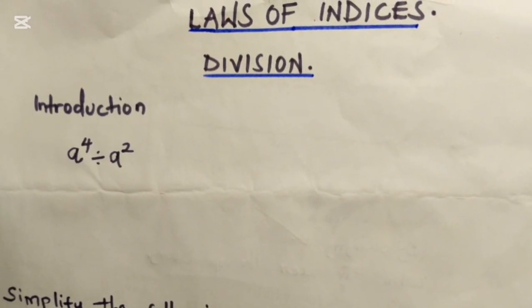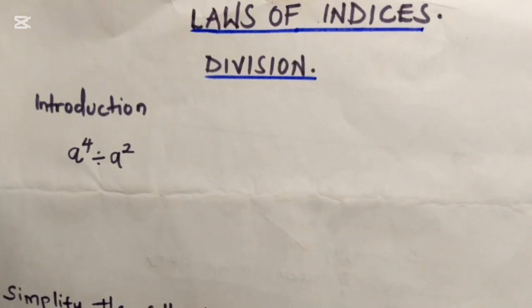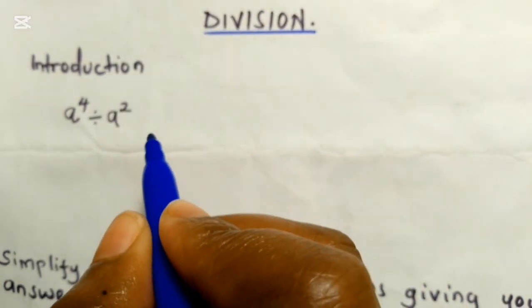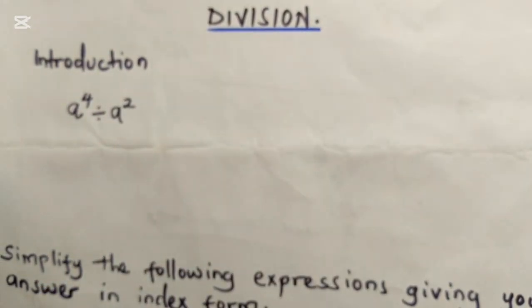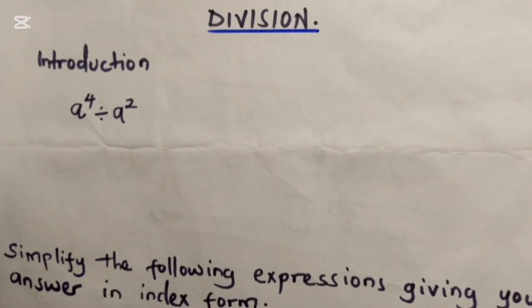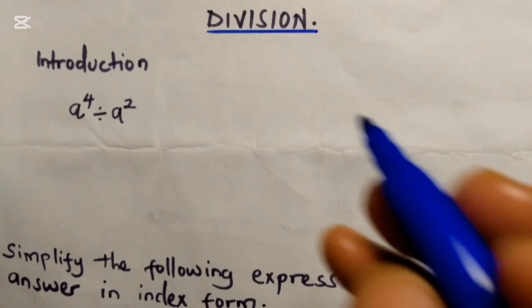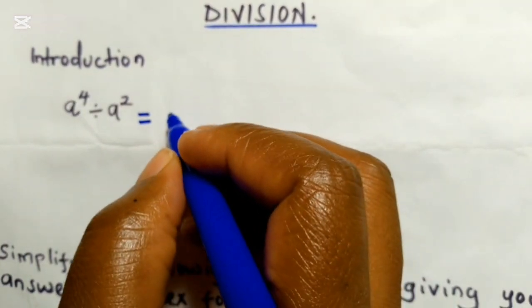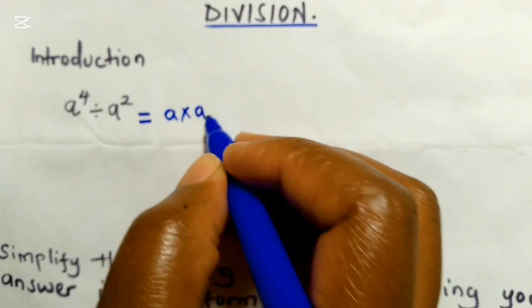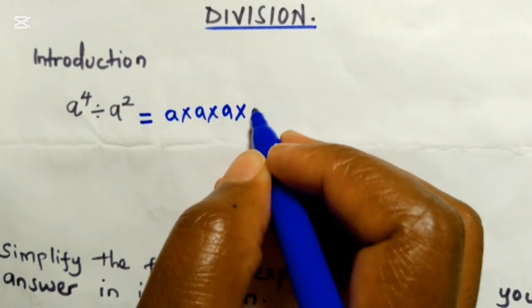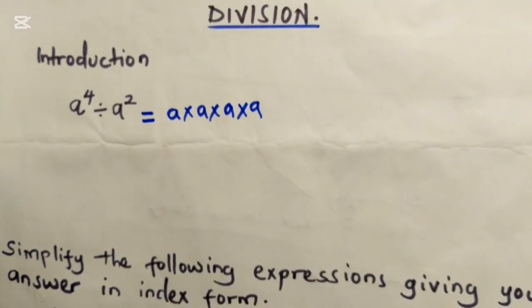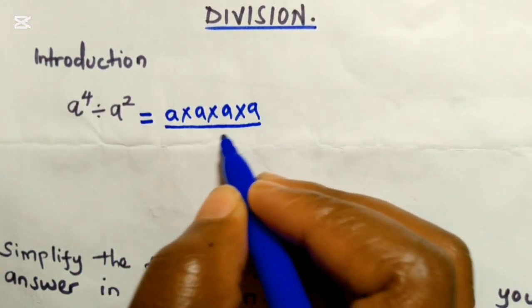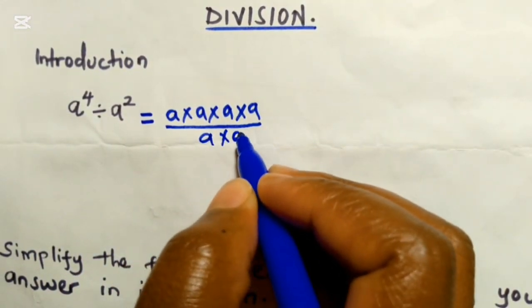Law of indices. That is, if you have an expression, for instance, a power 4 divided by a power 2, this is the same as a times a times a times a, 4 times, all this divided by a times a.